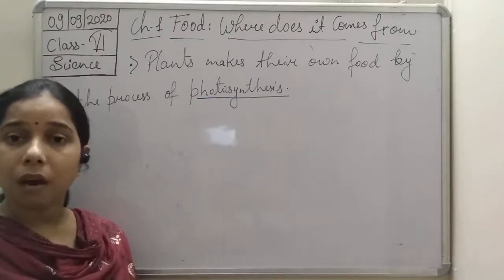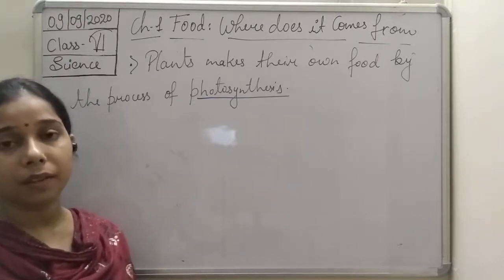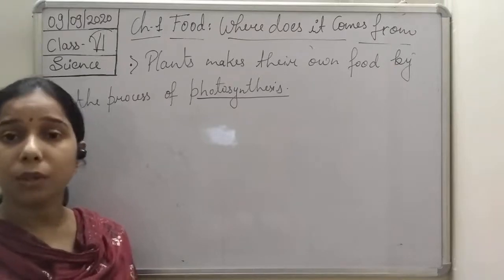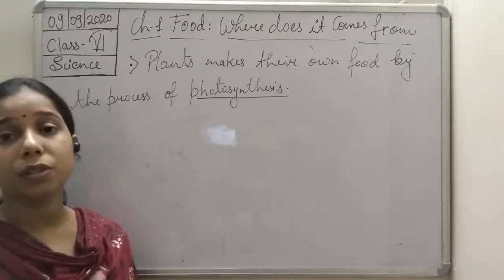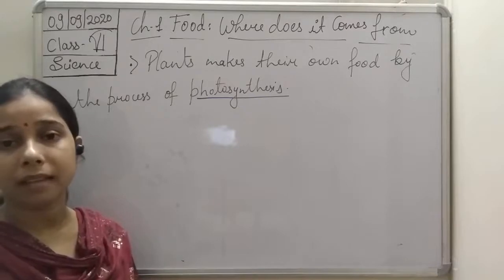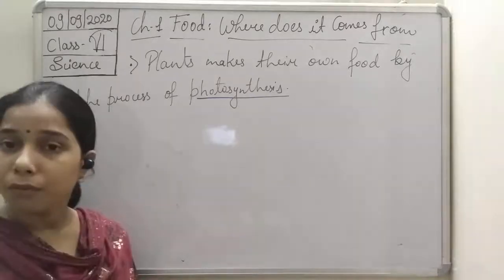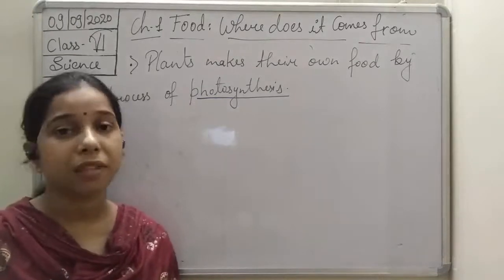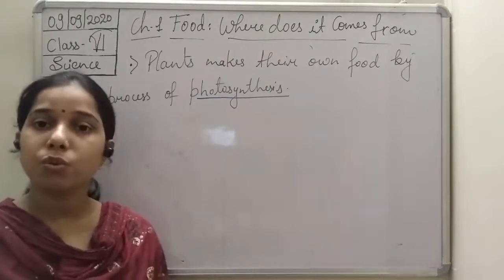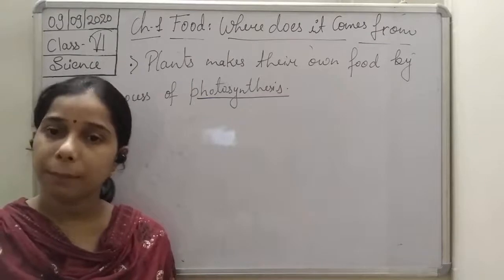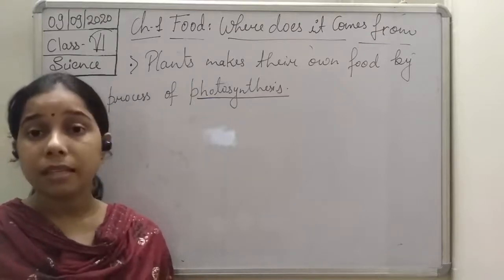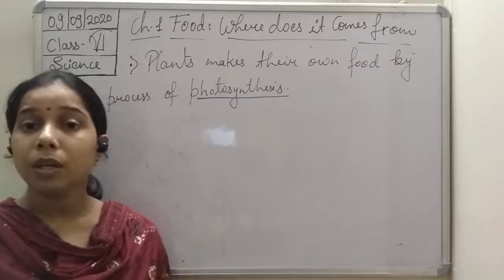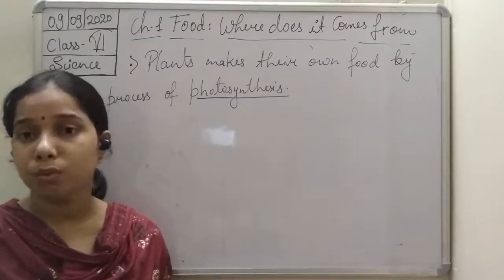Even though we human beings are very capable compared to plants, we are dependent on plants and other animals for our food. But plants, especially green plants, prepare their own food. They make their own food. So since they are producing their own food, that is why we also call them producers.